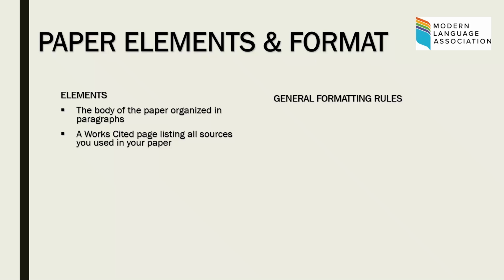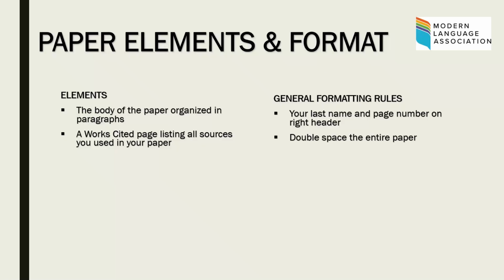First, you should create a running header that numbers all pages consecutively in the upper right-hand corner. Your last name should be placed before the page number on each page. Your MLA paper should be double-spaced throughout.